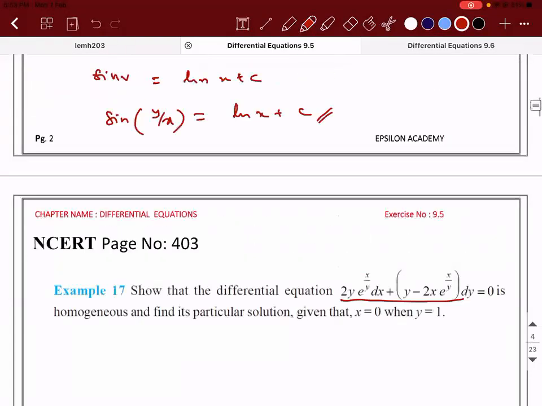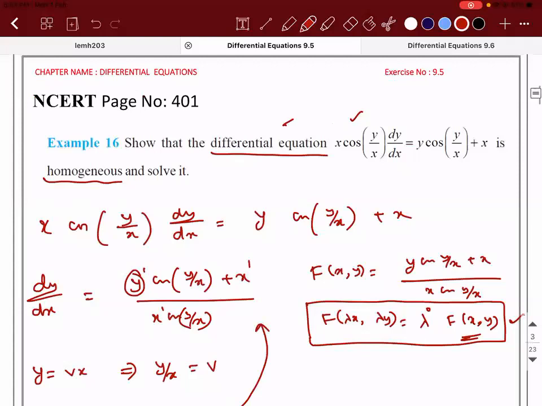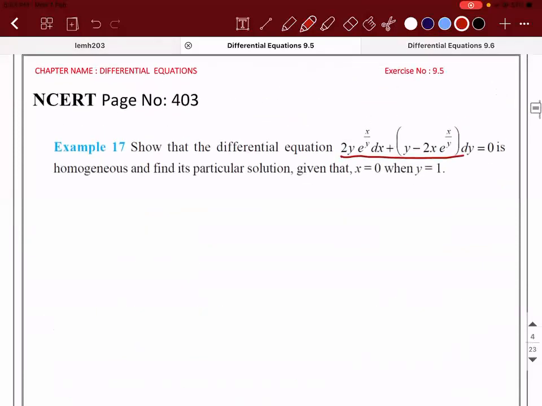So if you observe the differences in this problem, inside cos you have y by x and you have dy by dx. Whereas in this problem you have e power x by y. Then what you're supposed to do is, if you have this kind of a fraction, then the small change that you need to do is you need to substitute x is equal to vy, and you should get dx by dy and then solve.